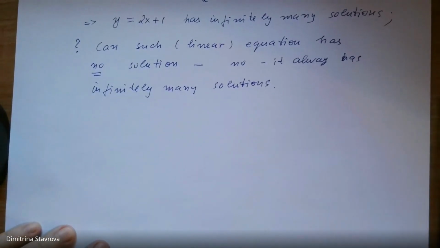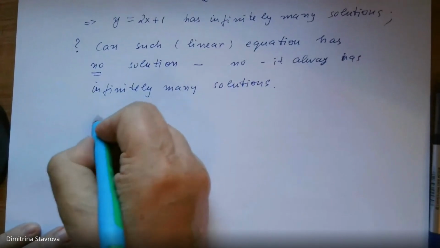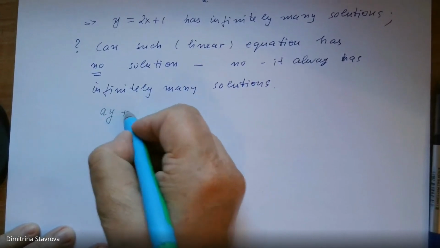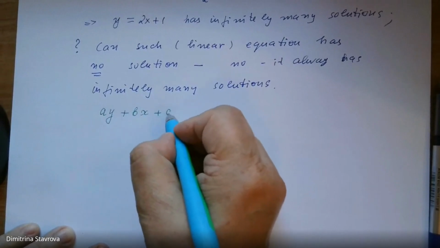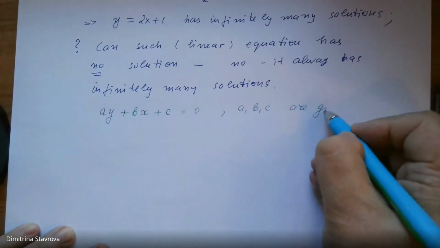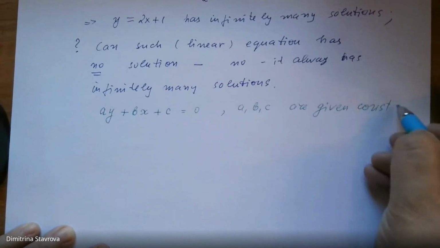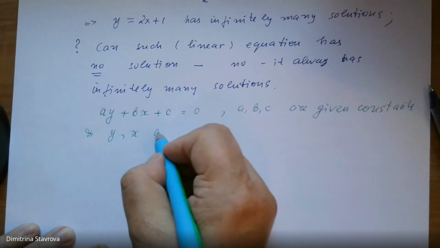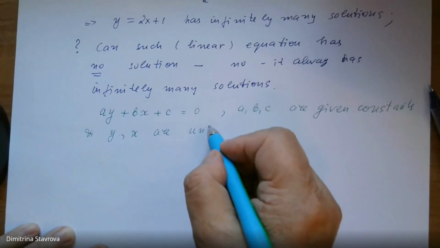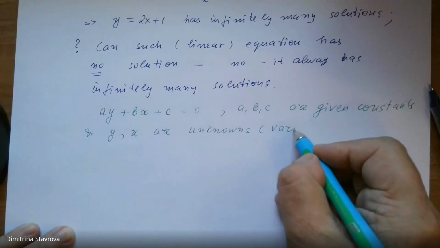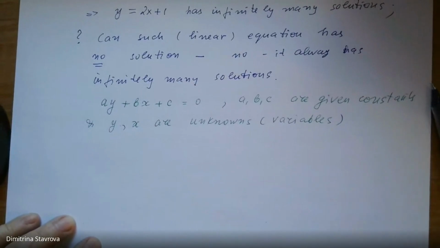And an equation of that type, which can be written in the general way, ay plus bx plus c equals 0, where a, b, c are given constants, and y and x are unknowns, quite often called variables, has infinitely many solutions.